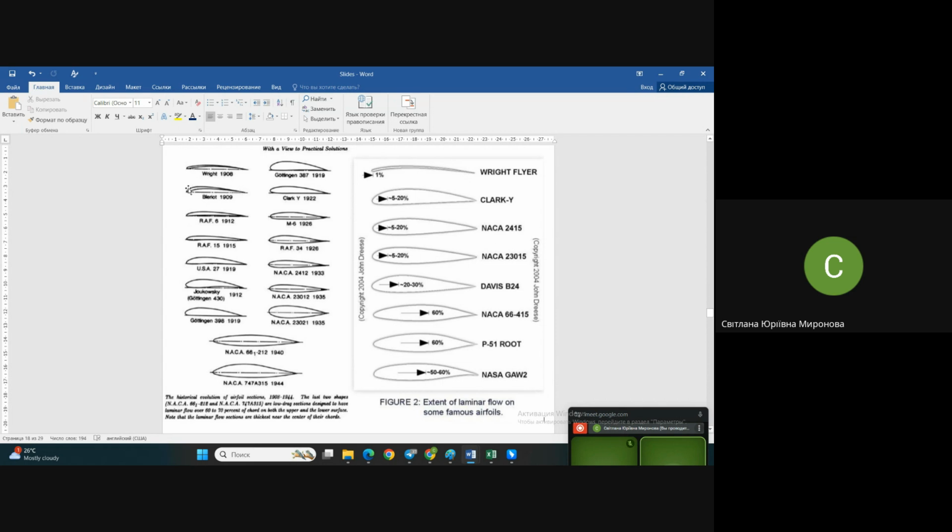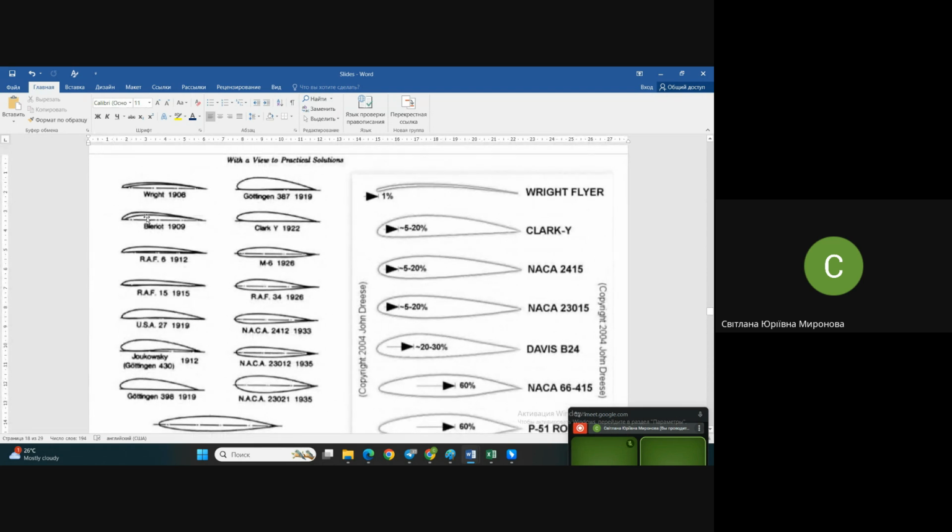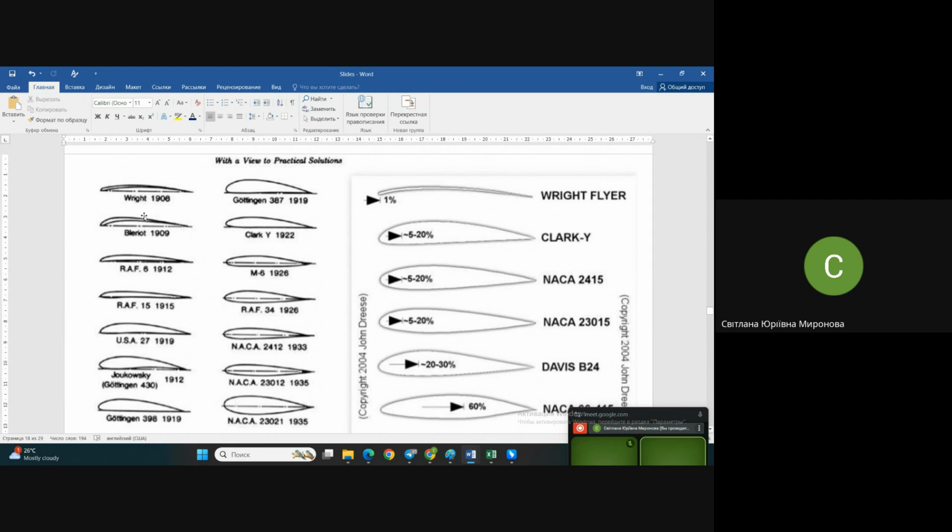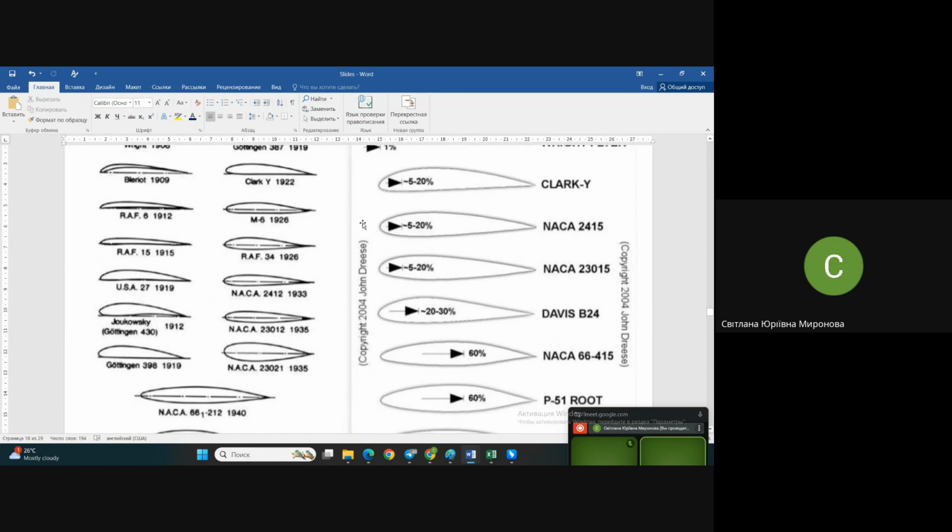Next, you see also the next one, Blériot, also rather thin. Pay attention, they are all curved, with very high curvature, more similar to just the top surface of modern airfoils, if you understand.